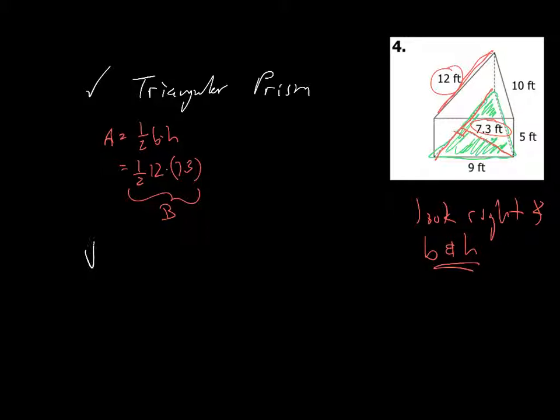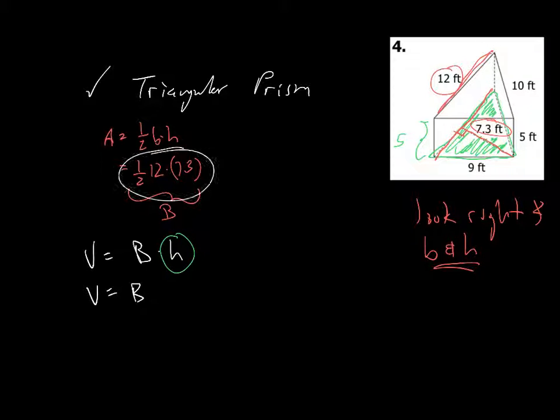And the volume is going to be that area of the base times the height of the prism. So this piece here is the height of the prism, which apparently is 5. So I'm going to say, okay, volume is equal to B, which is my answer from here, times 5.